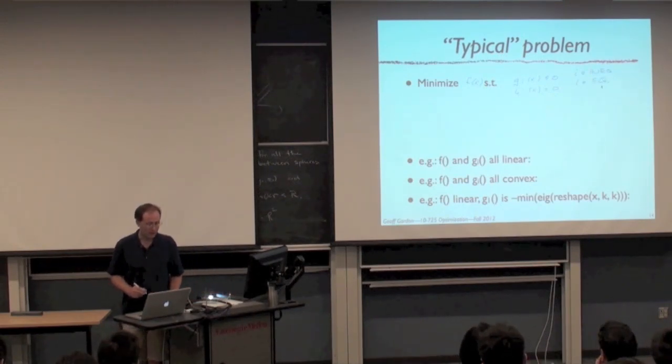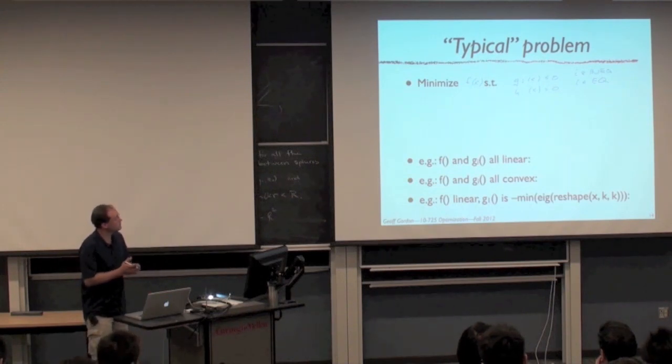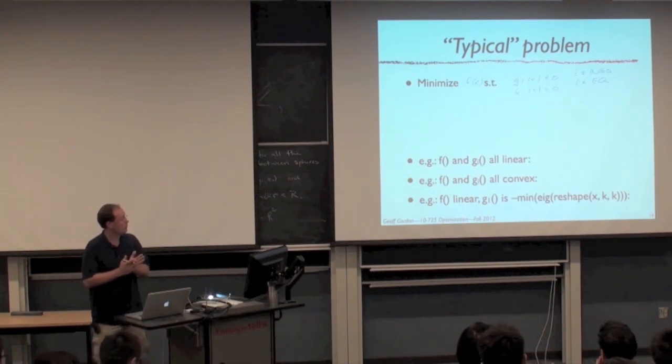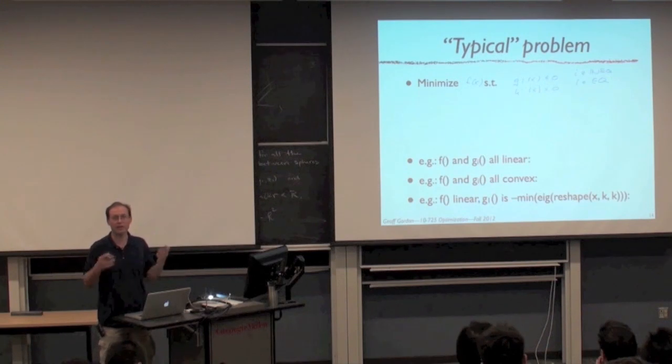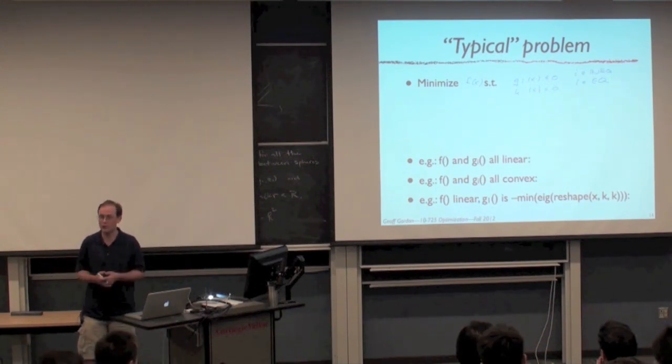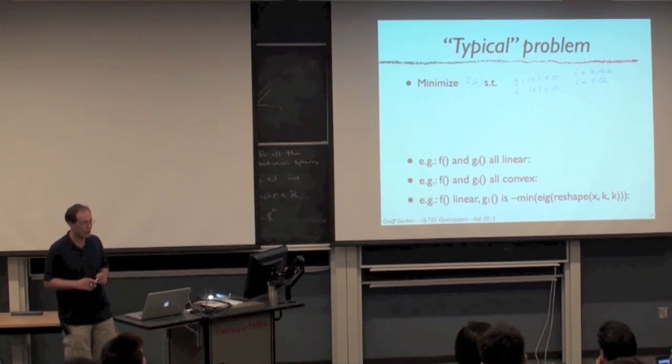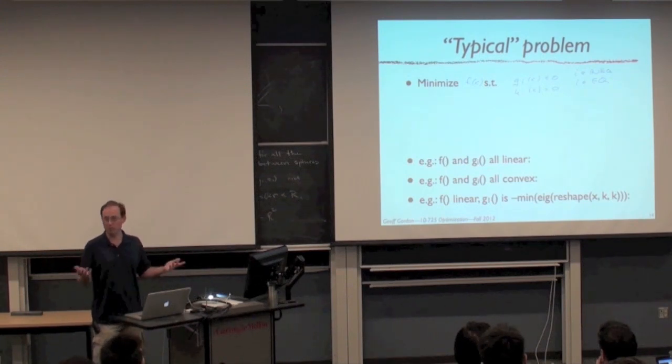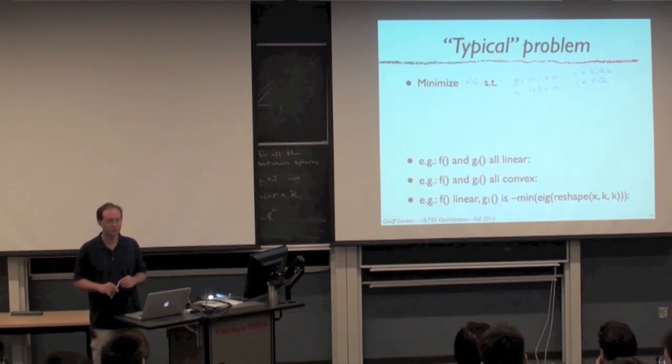Right? And sometimes we have additional restrictions on x, like x has to be an element of some discrete set, but we'll ignore that for the purposes of at least the first big part of the course.